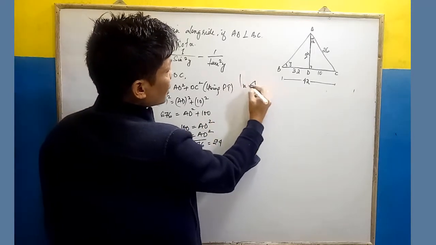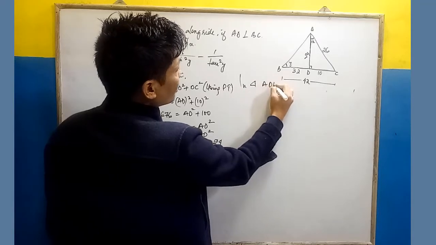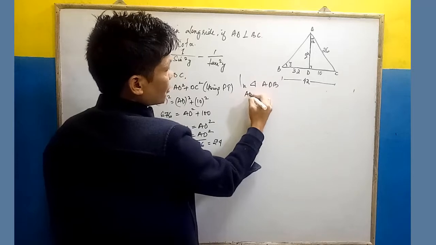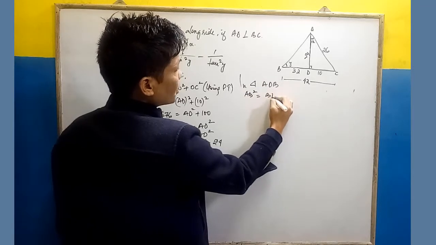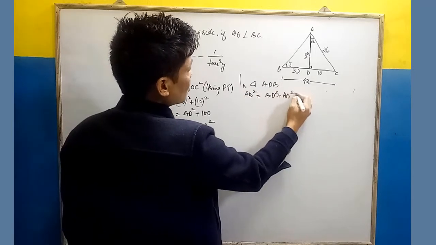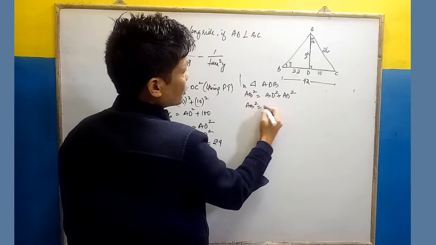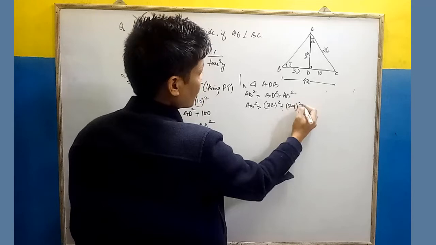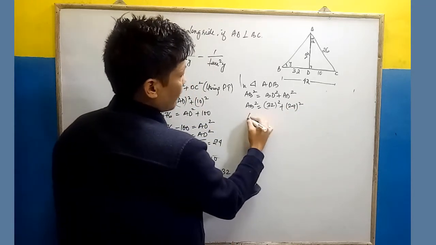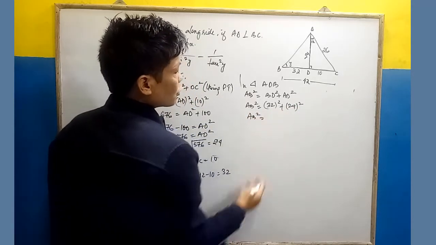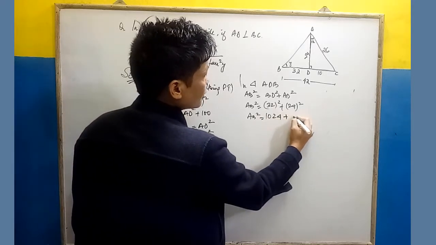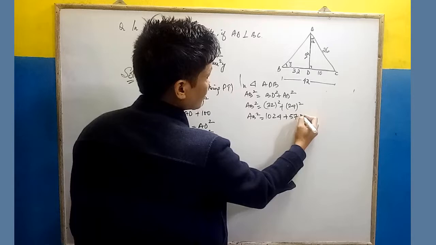Now in triangle ADB, if I use Pythagoras theorem, AB square will be equal to BD square plus AD square. So AB square will be BD is 32 square plus AD is 24 square. Then AB square will be equal to 32 square, which is 1024, plus 24 square, which is 576.